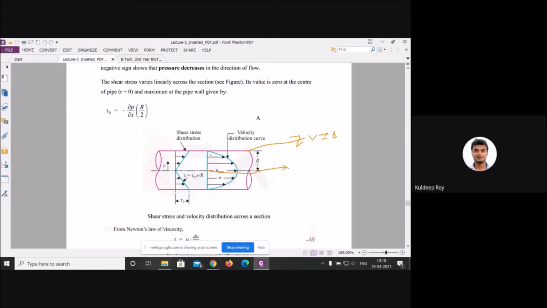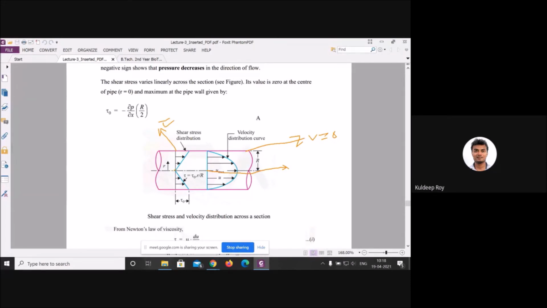If the velocity is very high at that point, there will be some kind of shear stress distribution. Don't forget that. Here will be your shear stress. If the velocity is 0, then tau will be some value. If the velocity is very high, then tau will be 0.